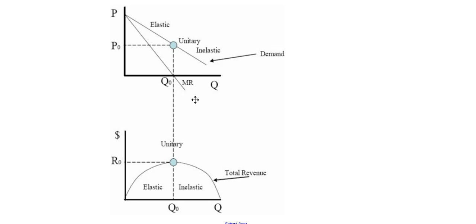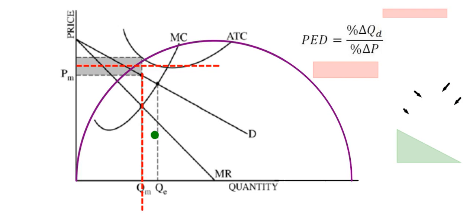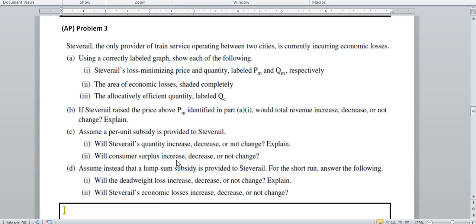When marginal revenue is less than zero, you're in the inelastic. When marginal revenue is equal to zero, you're in the unitary elastic point, or where price elasticity of demand is 1. That's something you really need to understand.